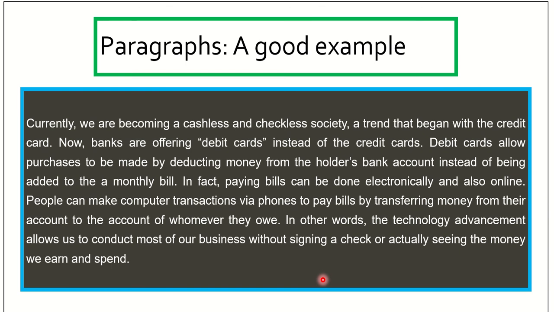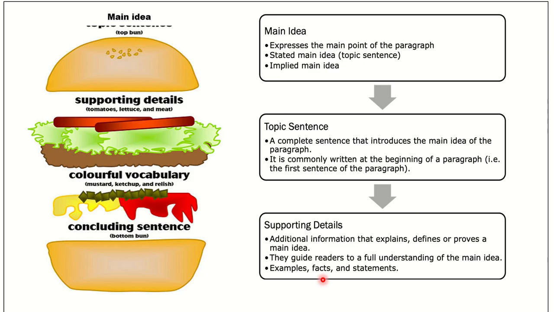It elaborates on what is meant by a cashless as well as checkless society, and then it details the methods of payment transactions in order to make the payments, and then the benefits of this kind of transaction as well. So everything is related to the main idea. Example, it gives out facts as well as statements, right?